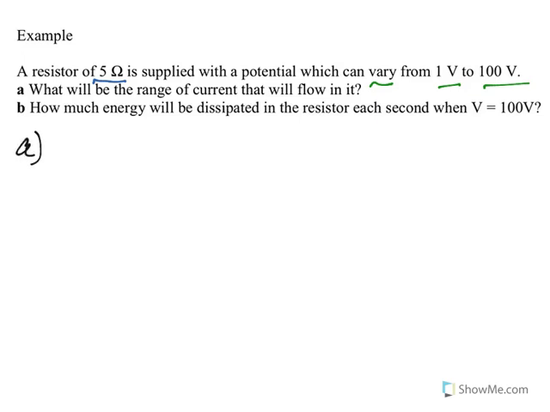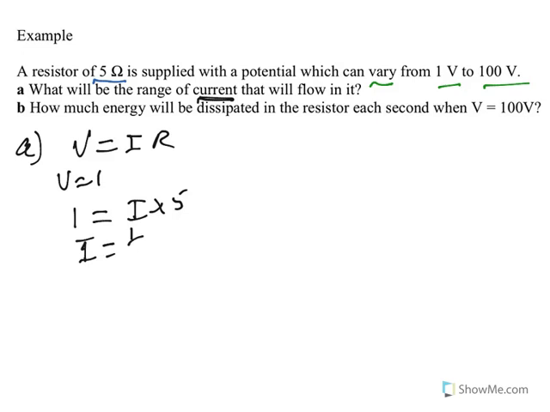For part A, V equals IR connects the resistance, the voltage and the current together, and we're after the current. So when V equals 1, 1 equals the current times 5, so the current there is 1/5. In physics we don't like using fractions, so you need to say 0.2 of an amp.